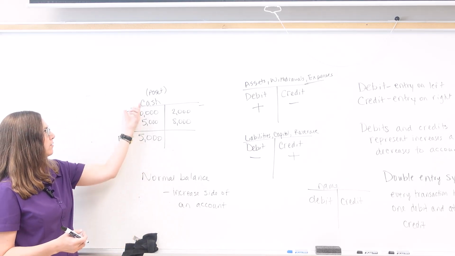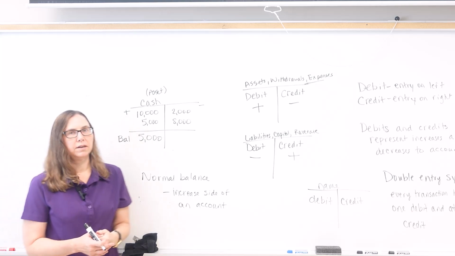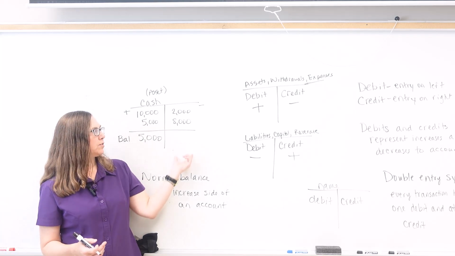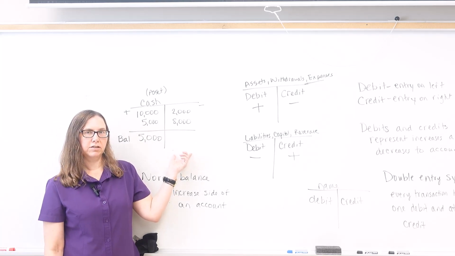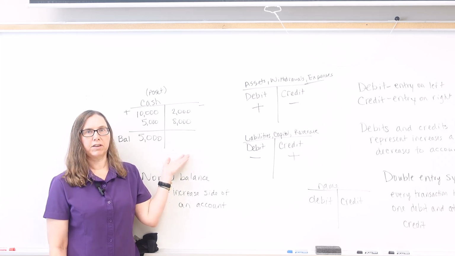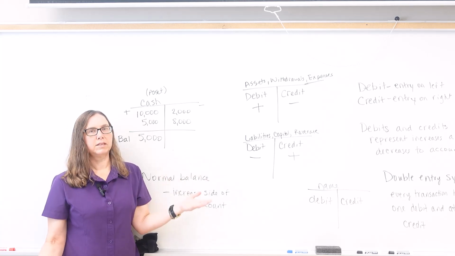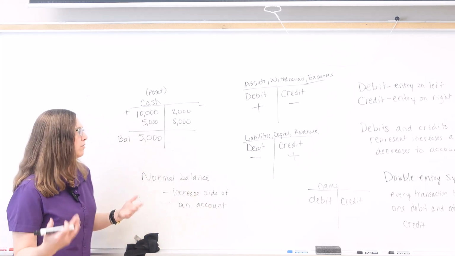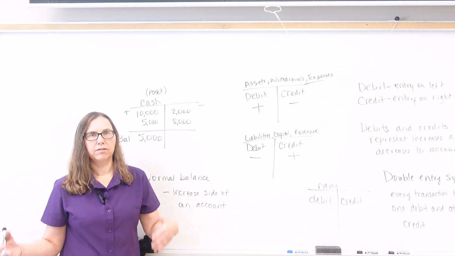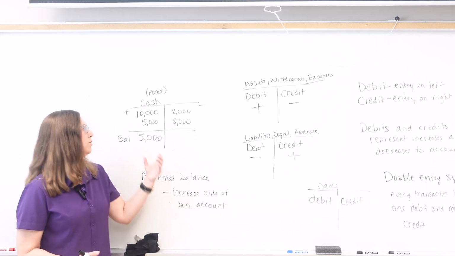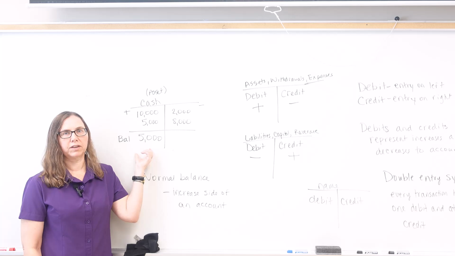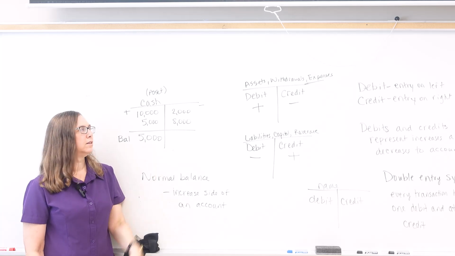So it's naturally going to fall wherever the plus is. So if I had a balance over here on the negative side of cash, that would mean I have a negative amount of cash, which normally doesn't happen. Sometimes I guess you can overdraft your checking account and you have negative cash, but most of the time your ending balance of cash is going to be on the plus side.